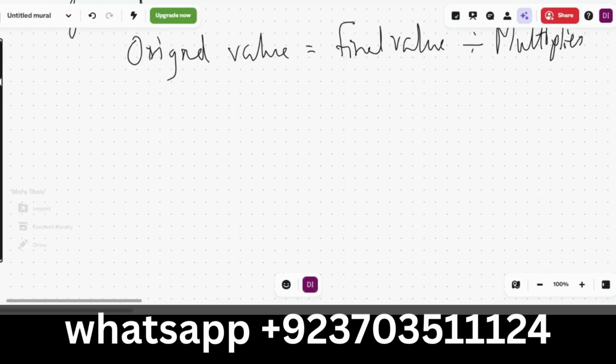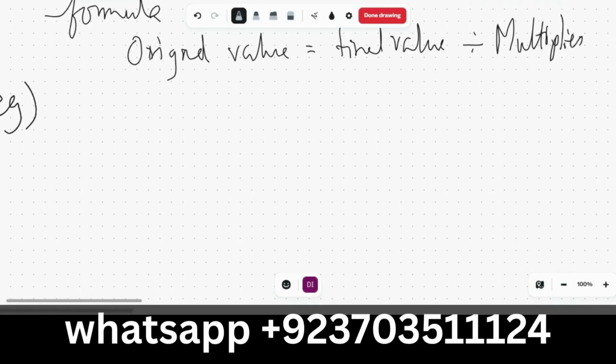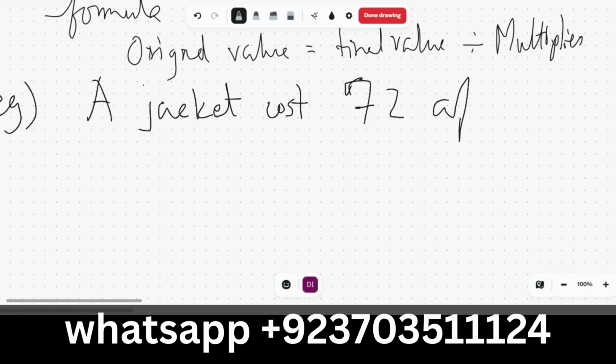Examples are important so you can understand the concept. A jacket costs 72 after a 10% discount. How are we going to find the original price? The multiplier is the value that remains after the decrease.